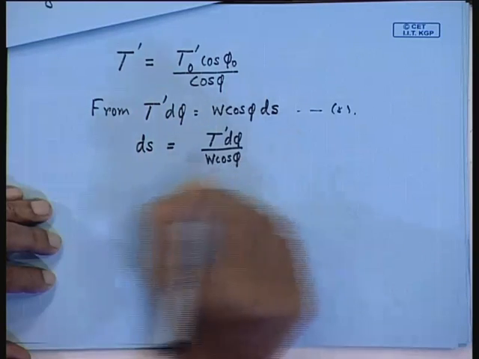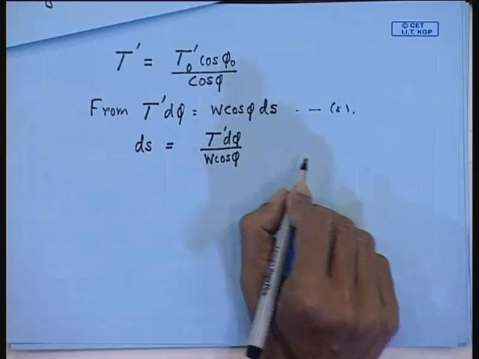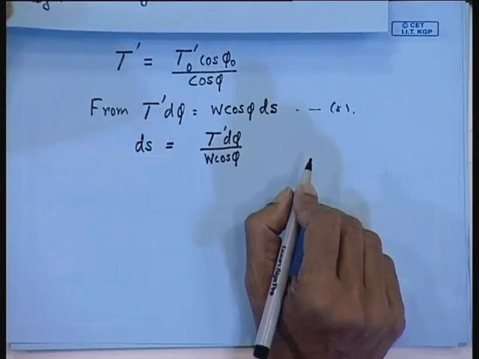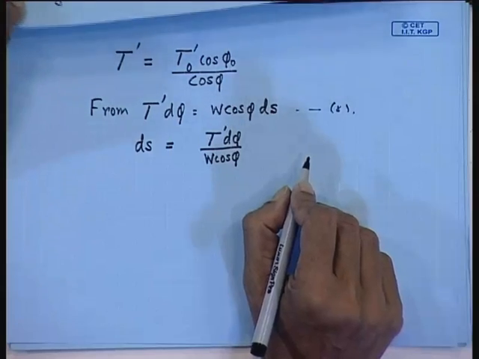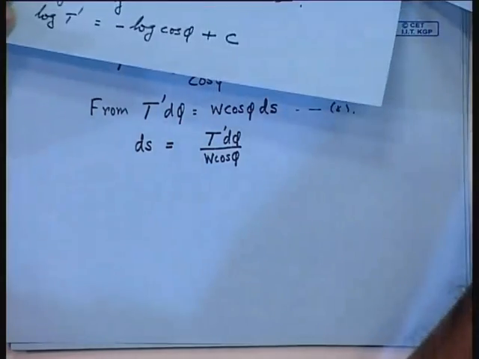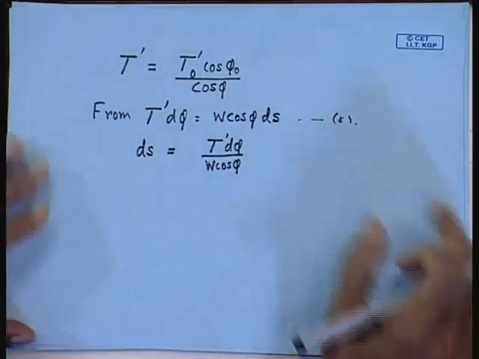Now you integrate this expression. You put the boundary conditions and integrate. Now T prime, what is the expression for T prime? So you substitute this expression.